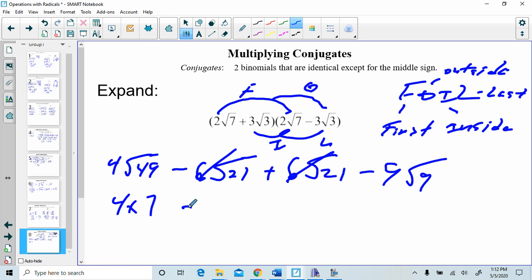Okay, so we're going to subtract. Let's just do it all. I'll make it look the same as this one. So 9 times 3. So the square root of 9 is 3. So this is just 28 minus 27. And that equals 1. Okay, so all of that work came down to the coefficient of 1.